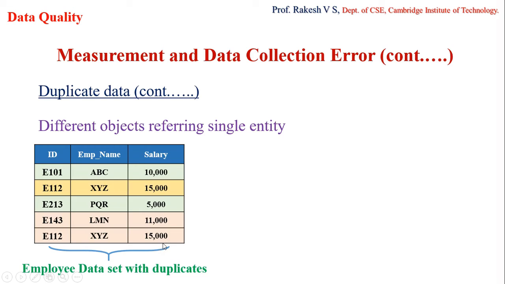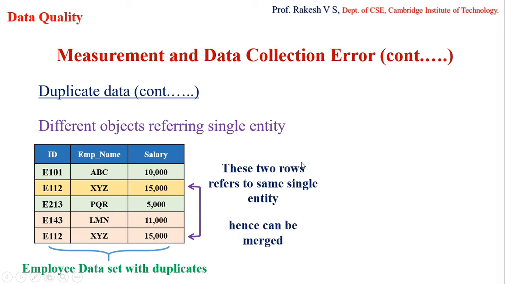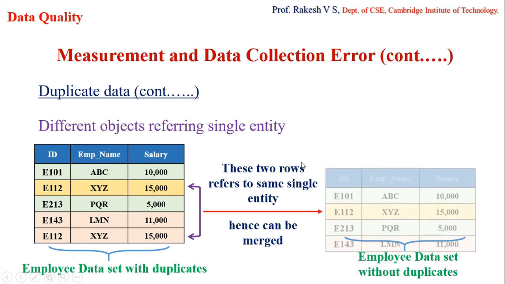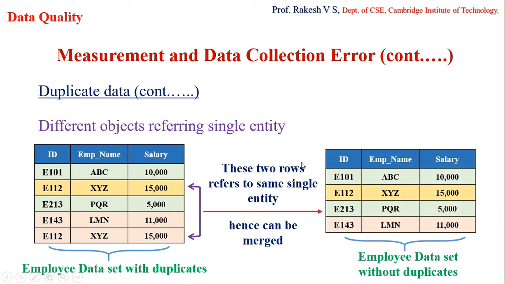When I see the salary, the salary is also the same, which means these two objects are referring to the single entity itself. So in such cases, we can merge them and prepare a new table like this without any duplication. So this is what is meant by different objects referring to a single entity.